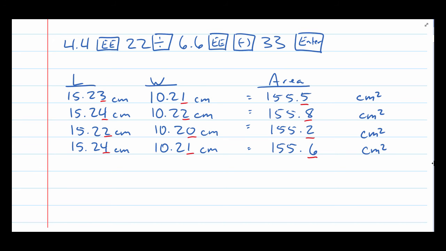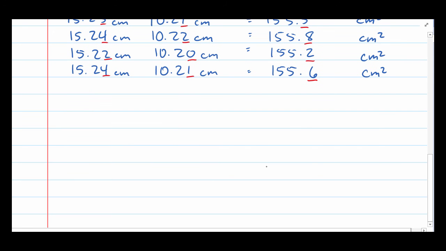So what this does for us then is it gives us a rule, and that rule for rounding looks something like this. We say that when we multiply and divide, your answer should be rounded.